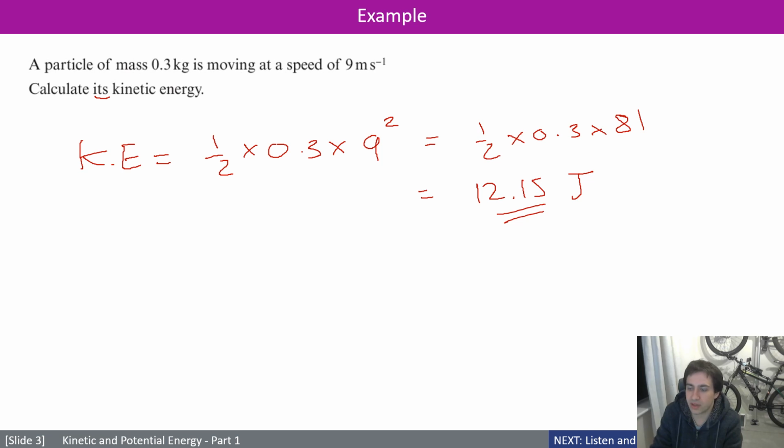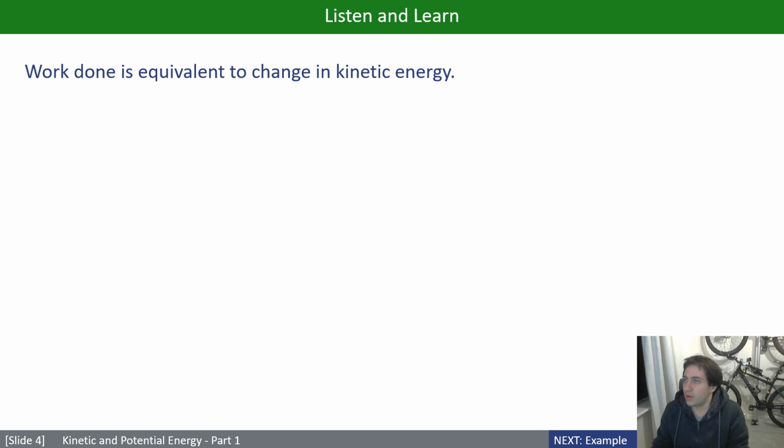Let's look at our next topic of interest. Okay, so an important concept here to relate work done and kinetic energy. We saw work done as being defined, by definition, as force times displacement. Again, in the simplified sense, you have to take direction into account.